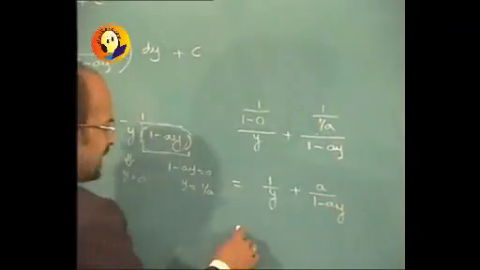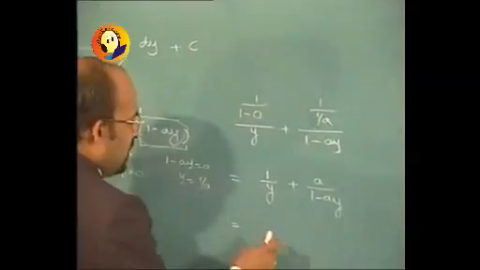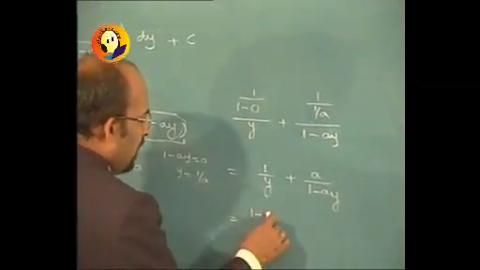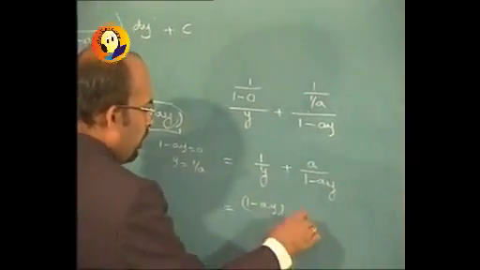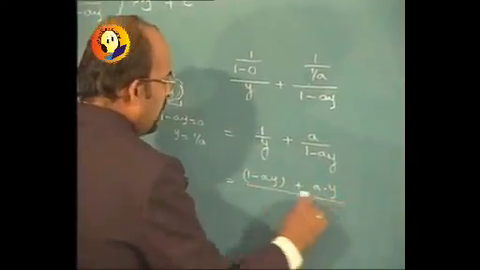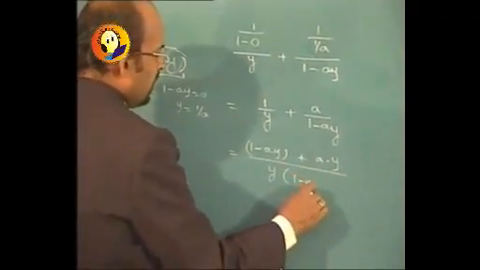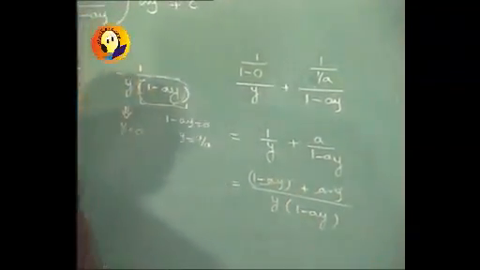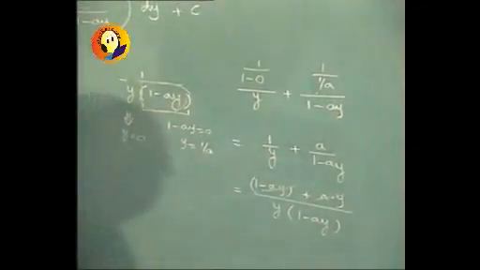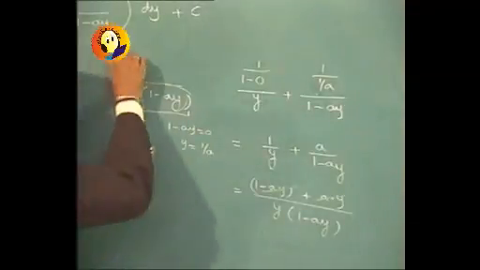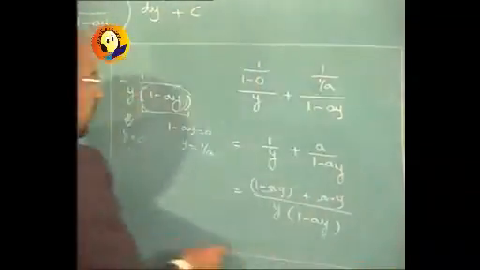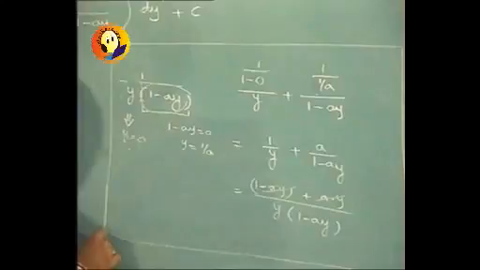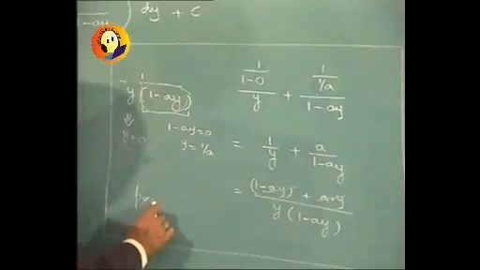You can always take the LCM and check whether it results in the left hand side. So it is 1 minus ay plus a into y divided by y into bracket 1 minus ay. As ay cancels, it will be 1 upon y into bracket 1 minus ay. So this particular procedure of separating the product in the denominator as separate terms is called partial fractions.